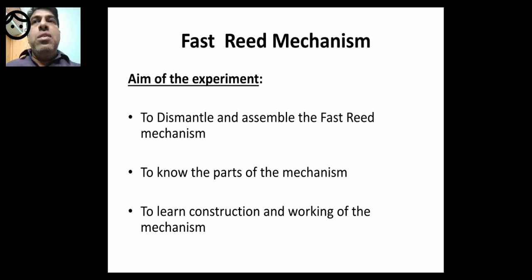This is positive take up mechanism, and there are seven wheels, and that is ratchet wheel, standard wheel, change pinion, stud wheel, stud pinion, and emery roller end wheel.